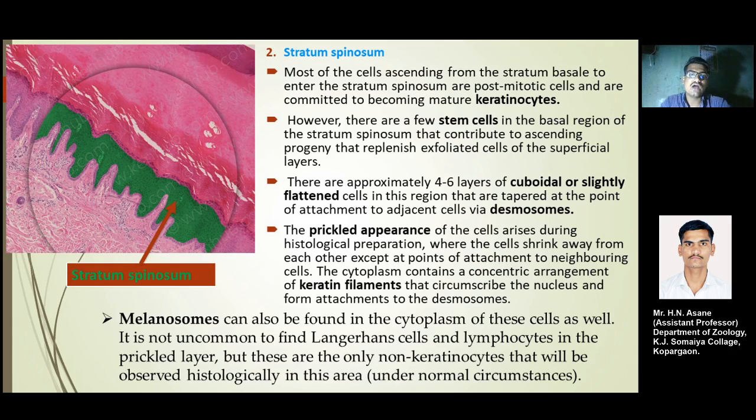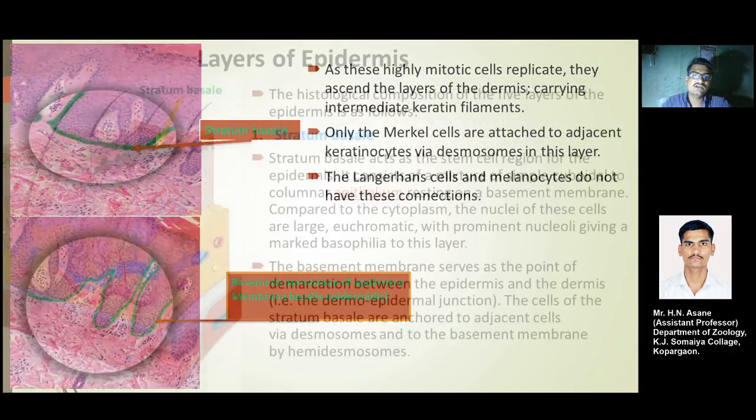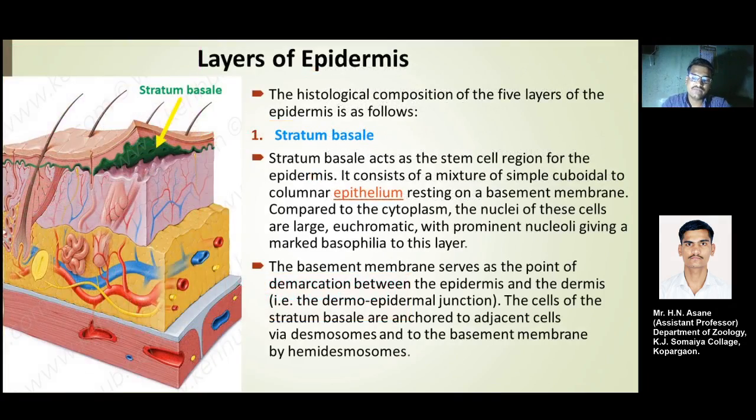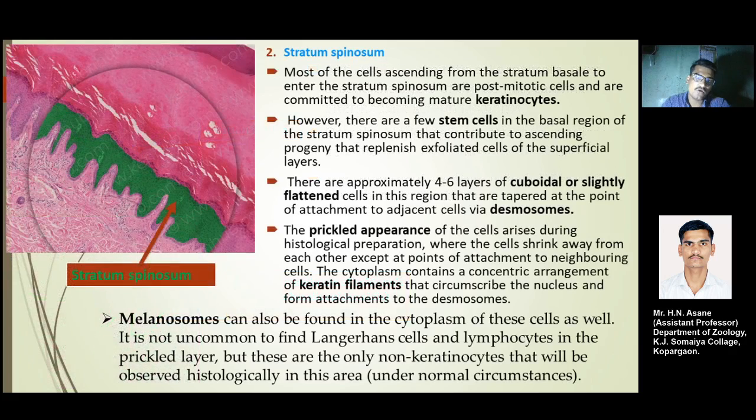However, there are a few stem cells in the basal region of the stratum spinosum. As you can see, in the stratum basale that entire layer is considered stem cells, but the condition here is not like the stratum basale.